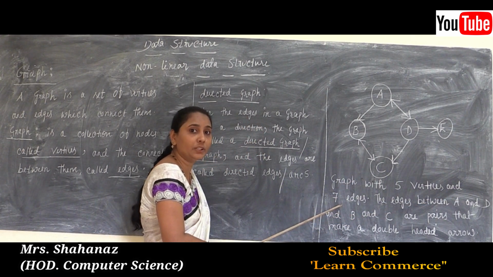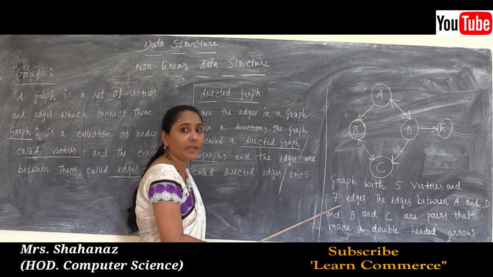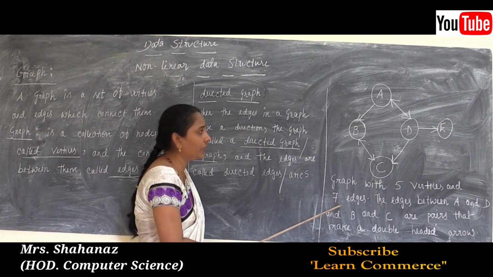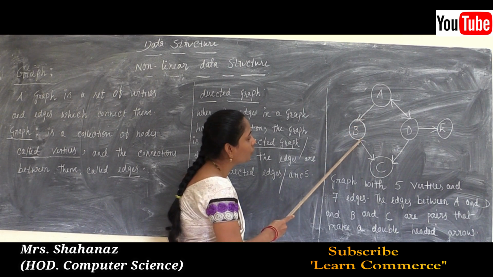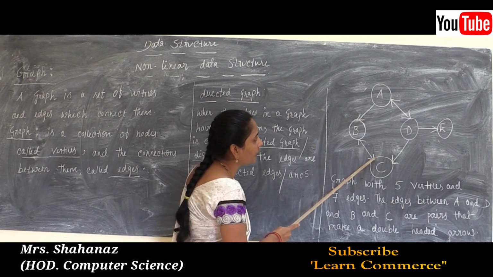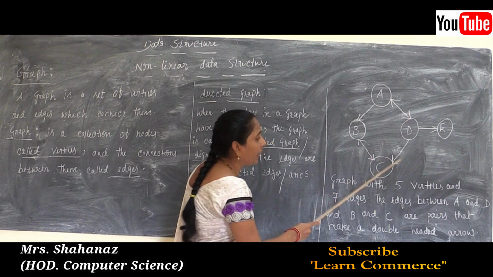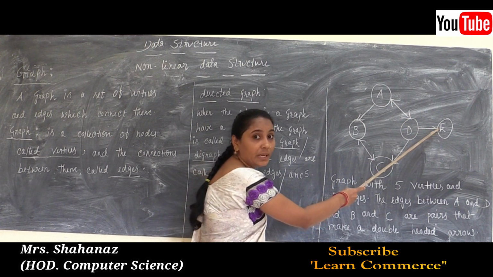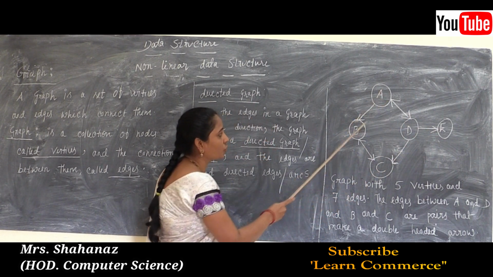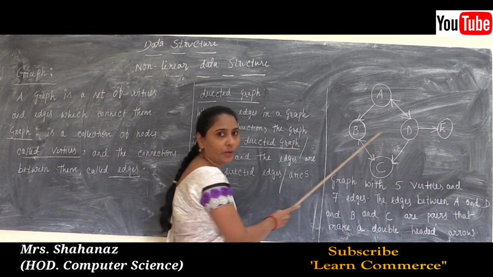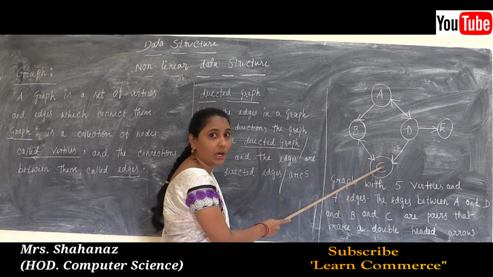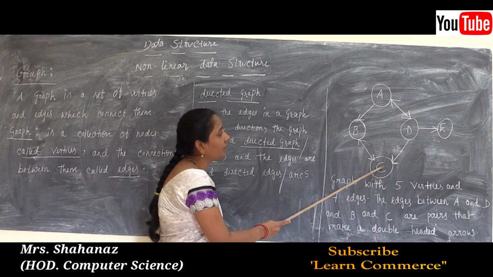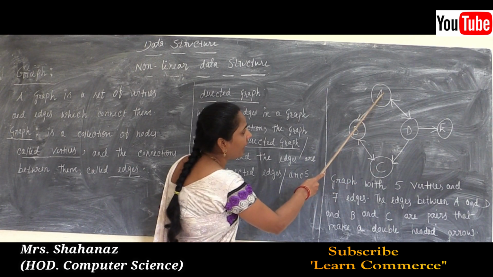Each node is connected to another by using 7 edges, 7 links. This one is the first link, then 2 and 3, next 4, 5 and 6, and later this one is the 7. So we can say there are 5 vertices and 7 links, called edges, and the edge is called A and D.